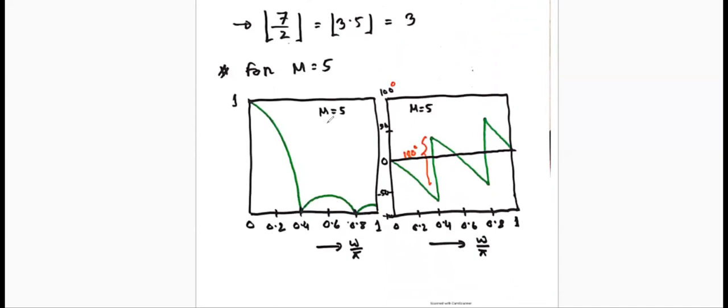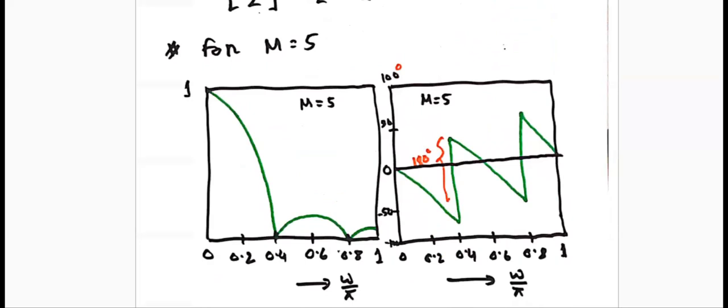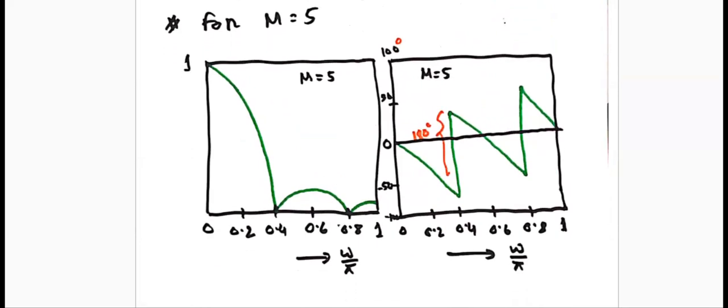This is for an m-point moving average, where m equals 5. In the magnitude response, we'll find the first 0 at the location omega equals twice pi divided by m, which gives 2 pi divided by 5, and that equals 0.4 pi in the scale of pi.